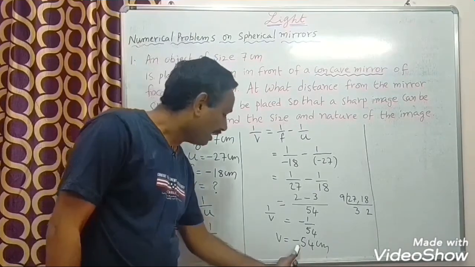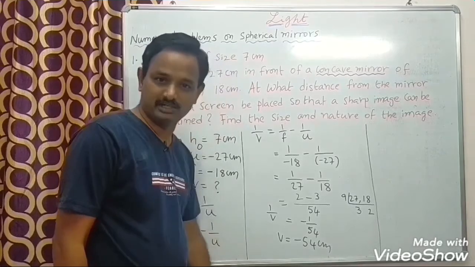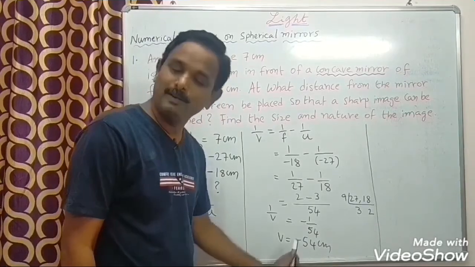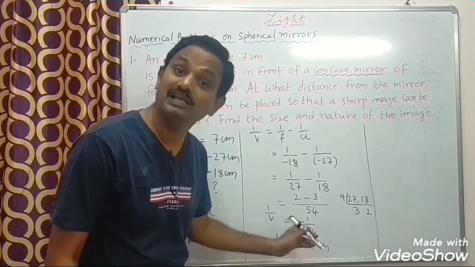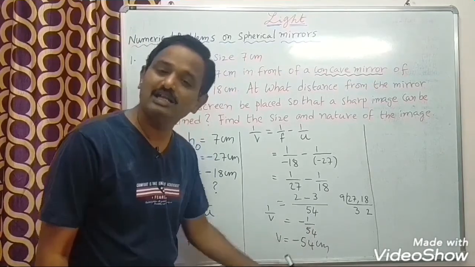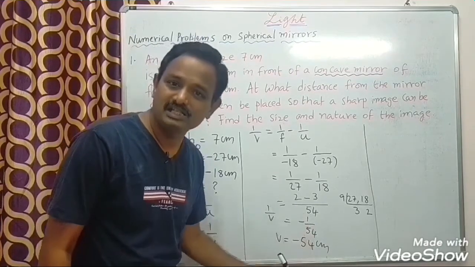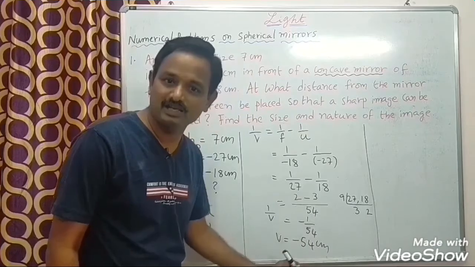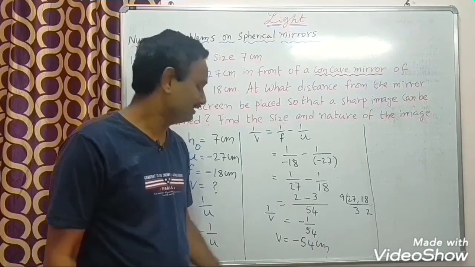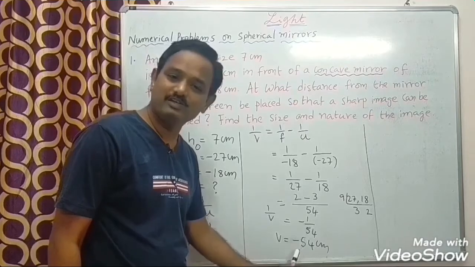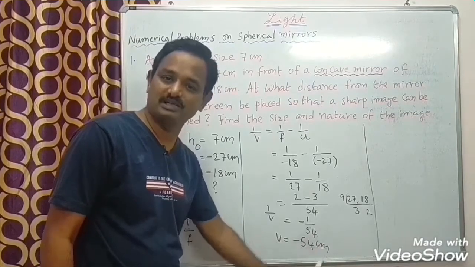So I got minus 54 centimeter. Minus represents that it is a real image. It is a real image distance. Real image distance means the distance in front of the mirror along the negative x-axis. So that's why I got v equal to minus 54 centimeter.